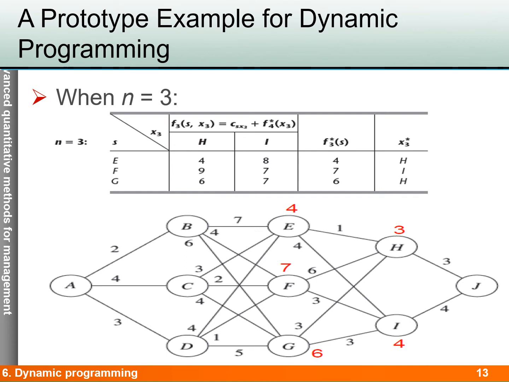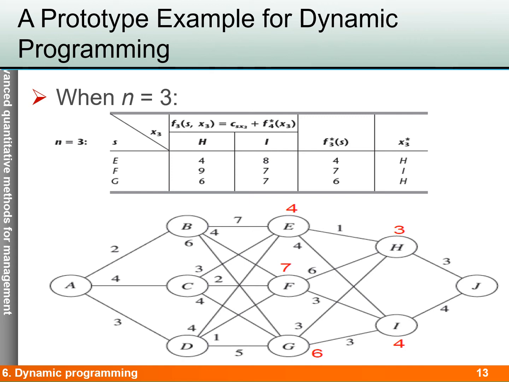As you see here, guys, based on this formula, for E and H, the immediate cost is 1, and the F4* that comes from stage 4 is 3. So 3 plus 1 is equal to 4.